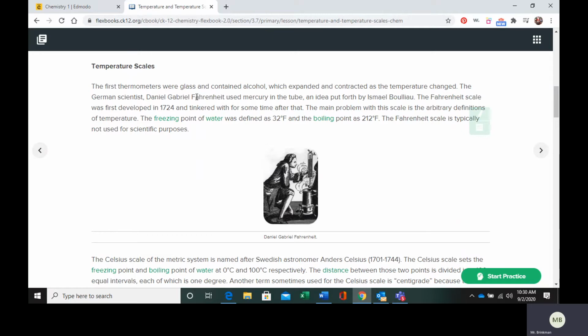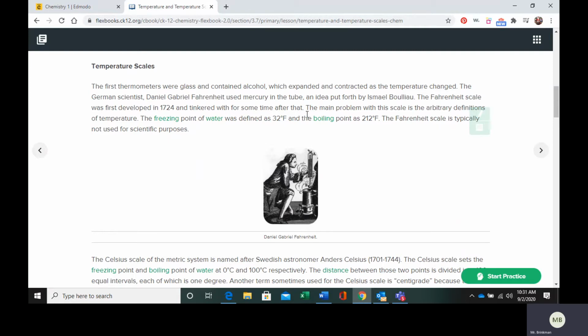The Fahrenheit temperature scale used mercury, liquid mercury. So this did the same thing as the alcohol. It would expand and contract as temperature changed. So the Fahrenheit scale was developed in 1724. It was changed after that several times.